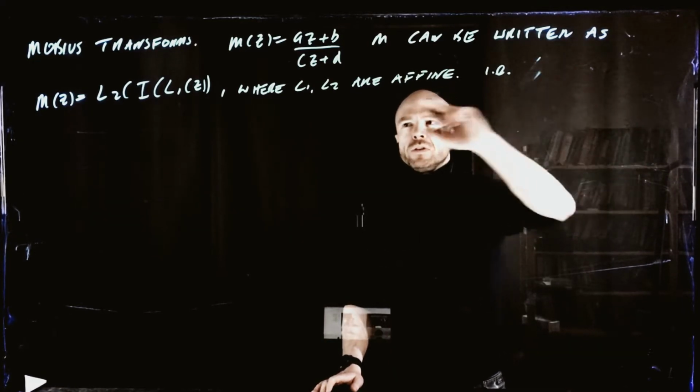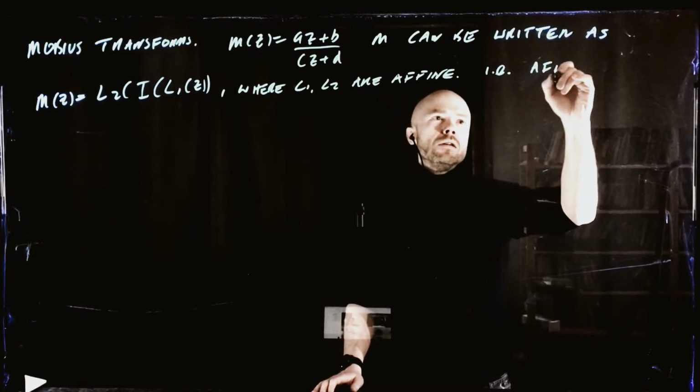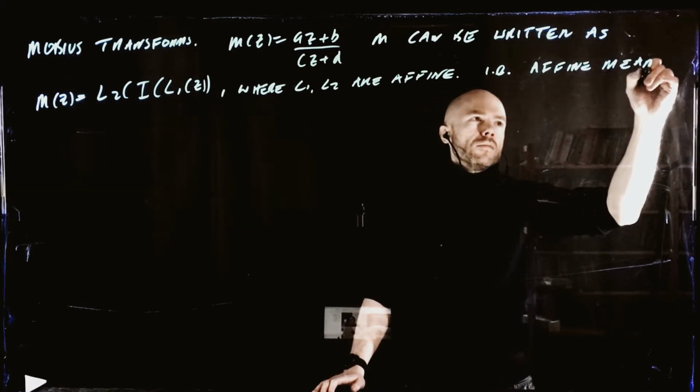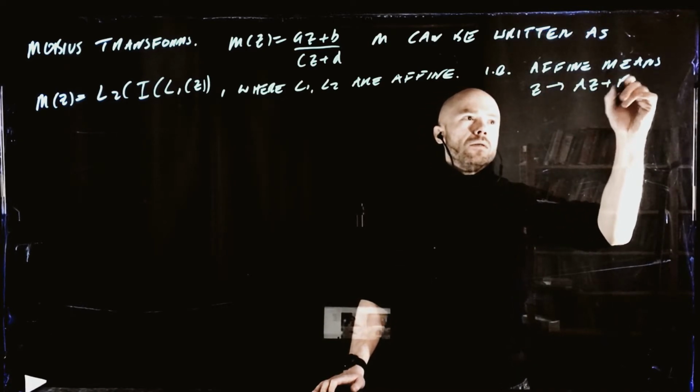I want to write specifically what L is because it's a specific form. Affine means we have Z goes to, say, AZ plus B, right?